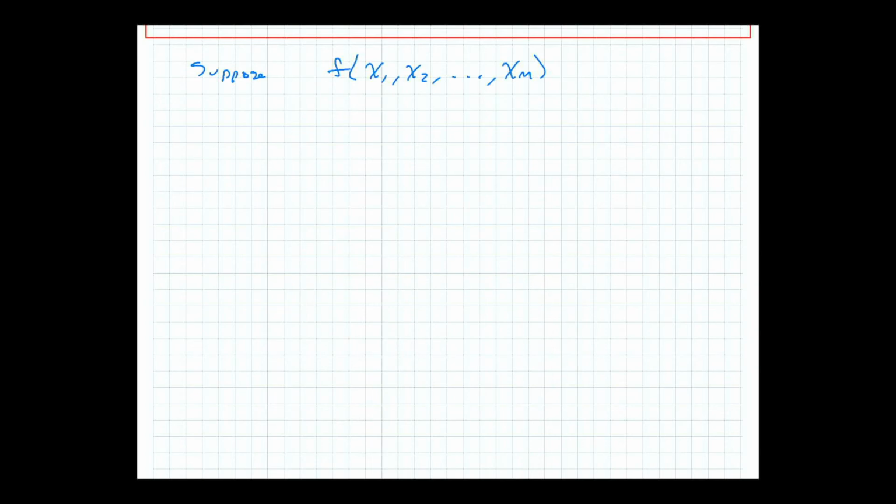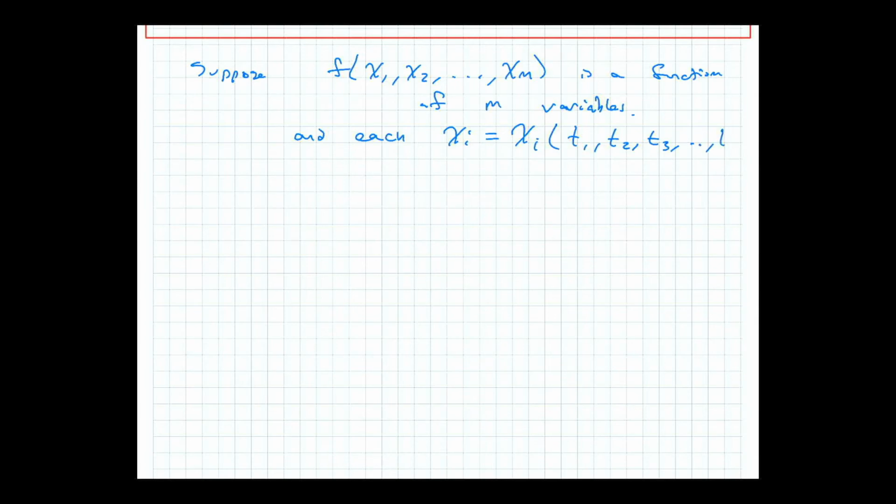So that's a function of m variables, right? And then let's also suppose each of those variables is also a function of more variables. Each xi is actually a function of t1, t2, t3, up to tn.